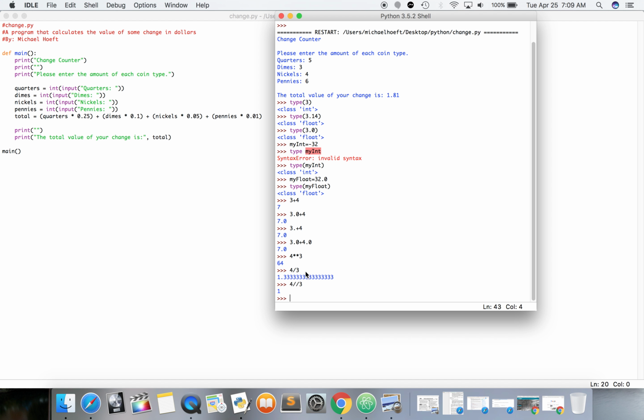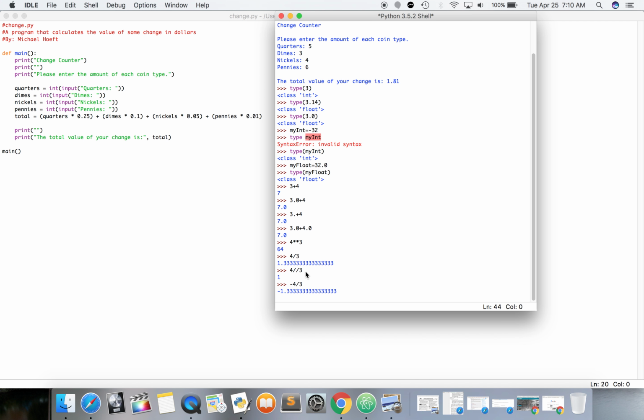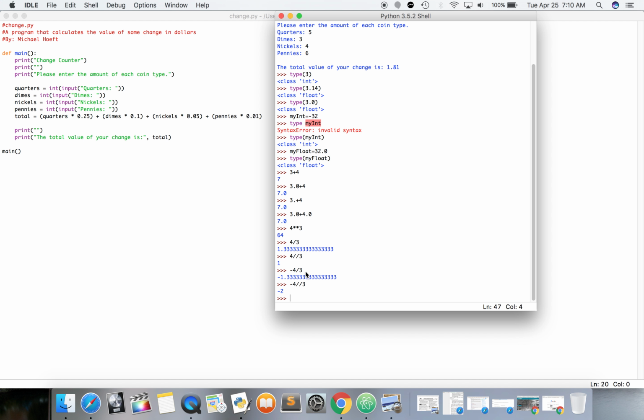So 4/3 is 1 and 1/3, and then 4//3 is 1, and it cuts the 1/3. Then these numbers cheat left, so let's do -4 divided by 3, negative. Let's do -4//3. It's -2.